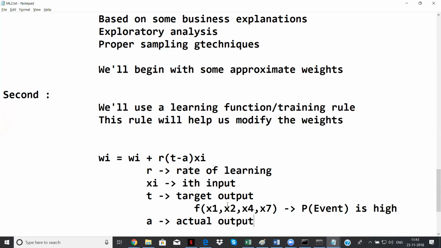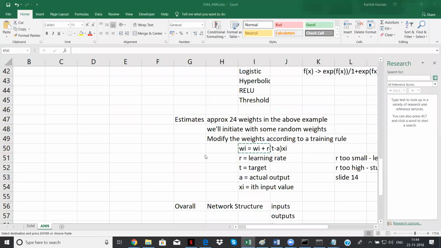So look at the equation here, T minus A. Aren't you judging your accuracy here? Error, right? So that is also one part of the input. Your target output and your actual output. And then comes your R and Xi. So this is your entire equation. Wi is equal to R into (T minus A) into Xi.